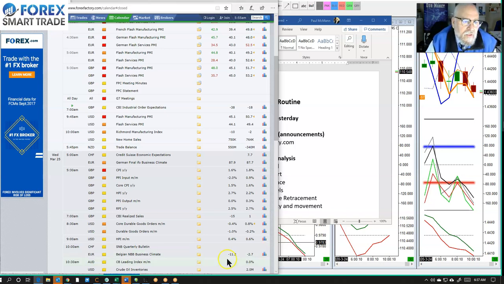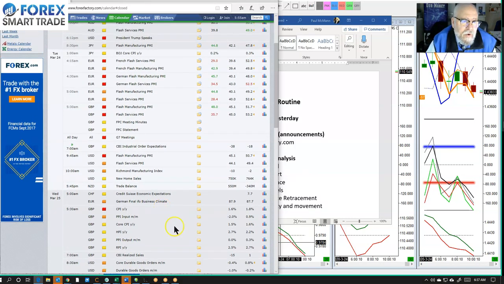So we go to forexfactory.com, and then we scan through the red items. The red folders are likely to have an impact on our trading.